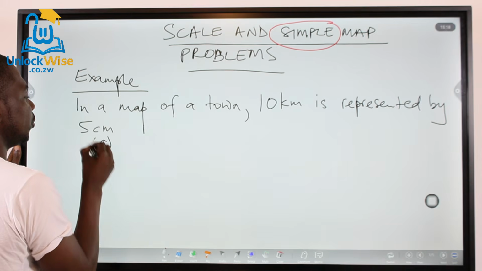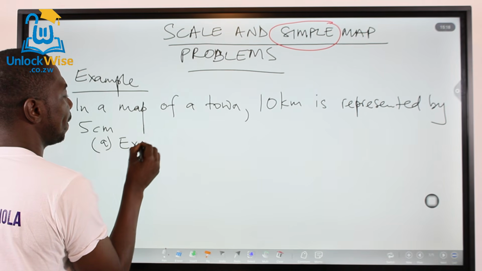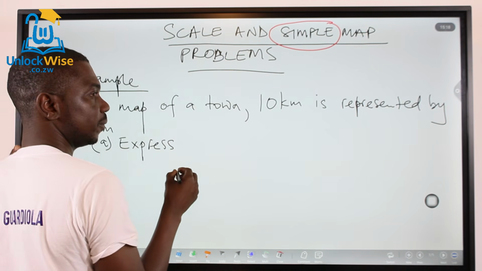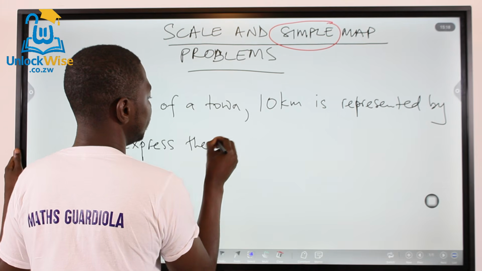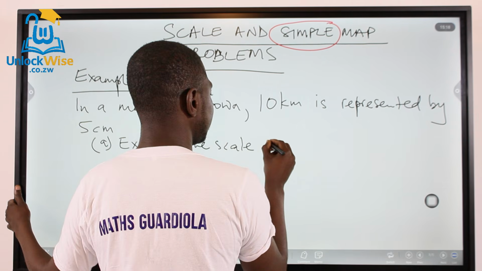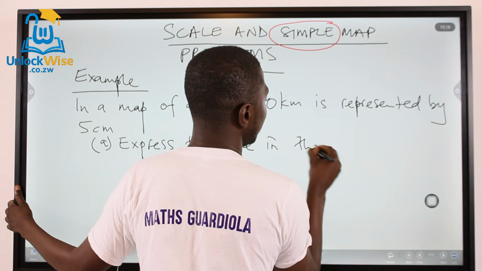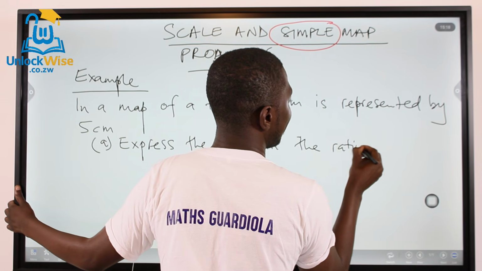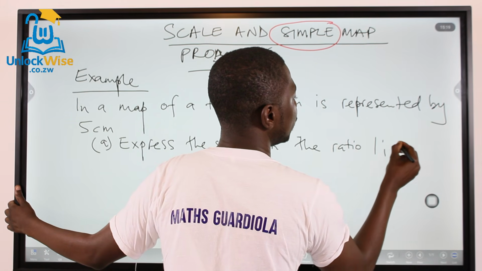Now we want to express the scale in the ratio 1 is to n.